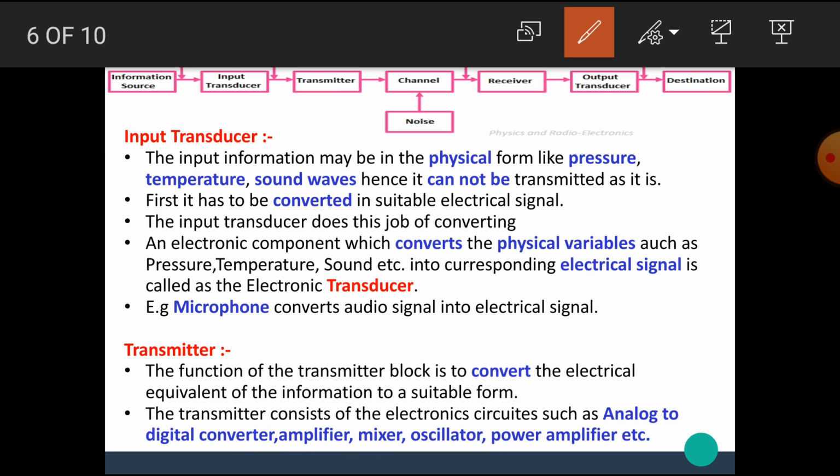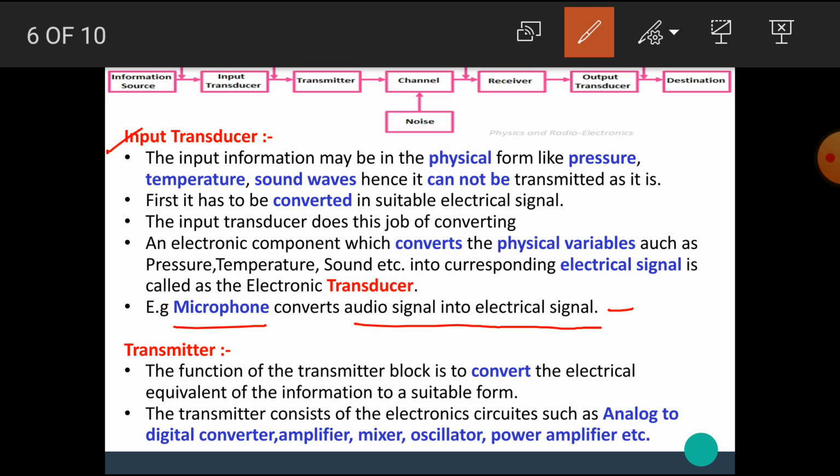That means here we saw that the microphone converts an audio signal into an electrical signal, but the electrical signal may be in analog form. For long distance communication, the analog form is not suitable. For that purpose, this analog form is converted into digital form.